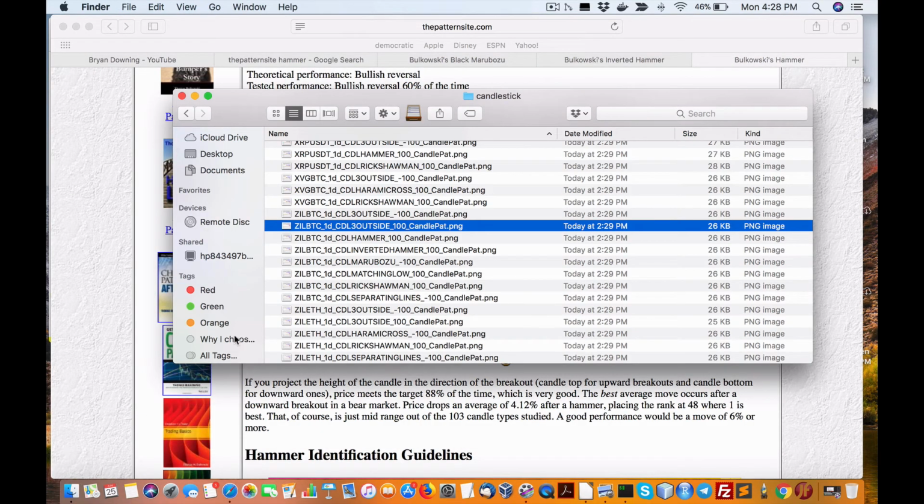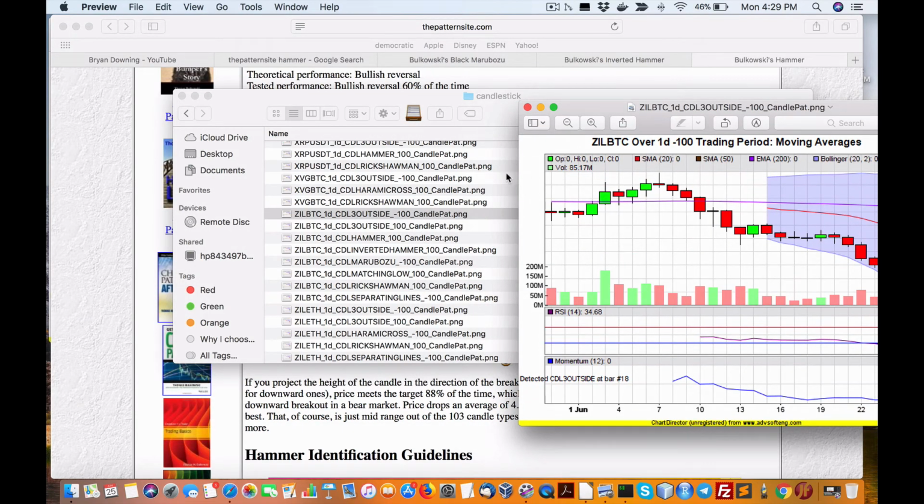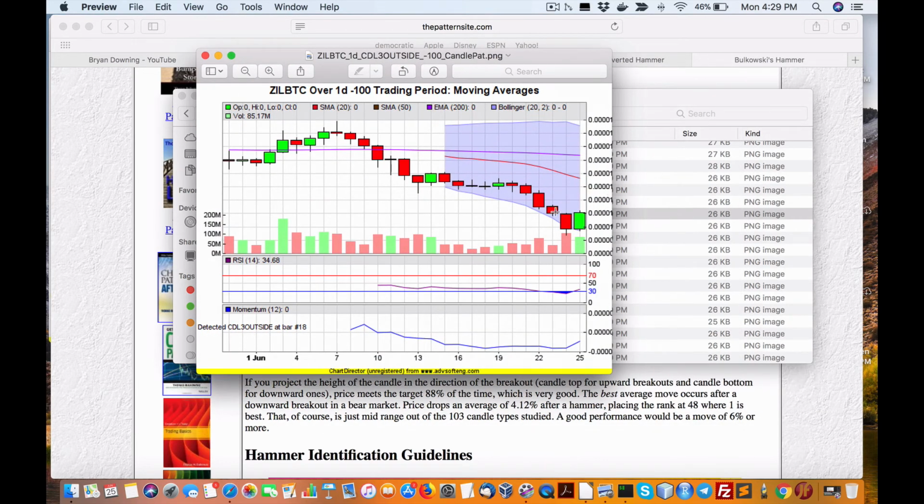So now we're moving, so we have here a bull, no, this is a bear on bar 18.